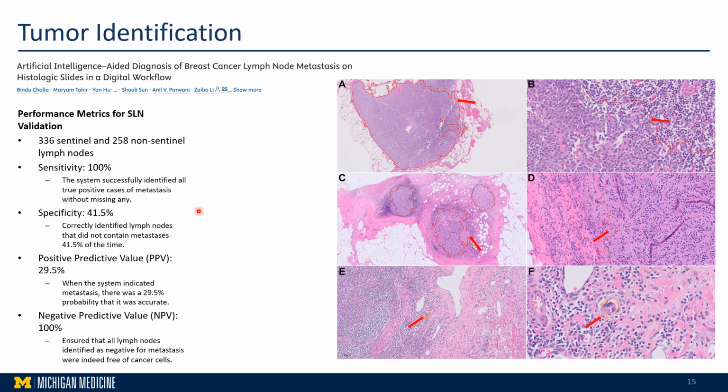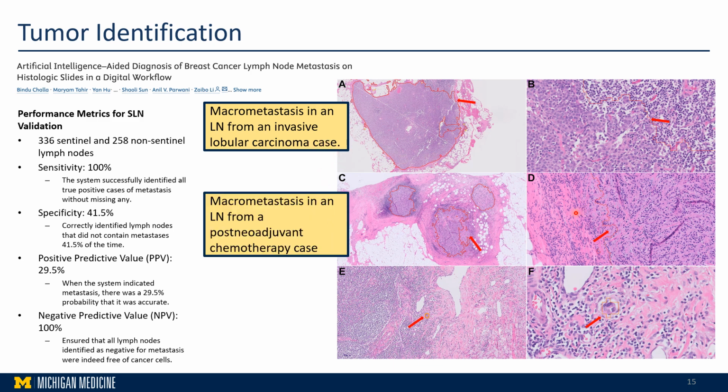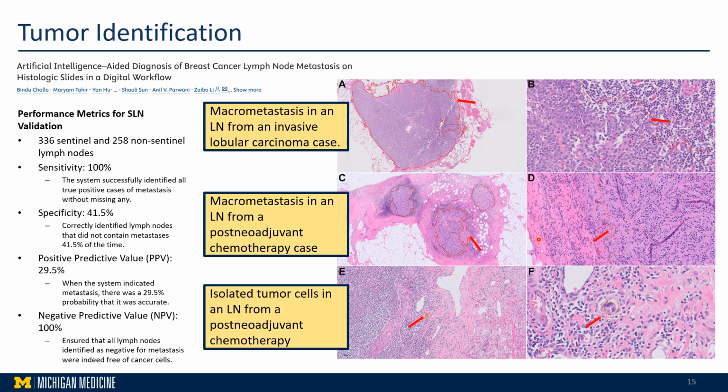And as you see here, these are representative images showing that the AI accurately detected the macrometastatic mammary carcinoma from cases with invasive lobular carcinoma, as well as some images from macrometastasis in lymph nodes from a post-neoadjuvant chemotherapy case, and even isolated tumor cells in a lymph node from post-neoadjuvant chemotherapy.